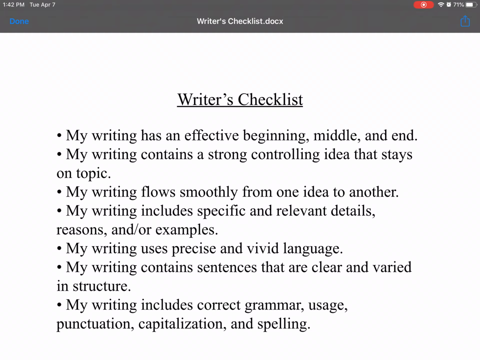So I need to make sure that my topic stays about how the coronavirus is affecting my mom. I can't change the story to about how it's affecting me or other people. I'm going to stick with how it is affecting my mom. I'm also going to make sure that I have an introduction, a body, and a conclusion.